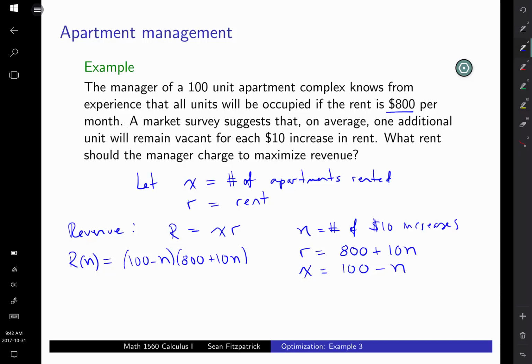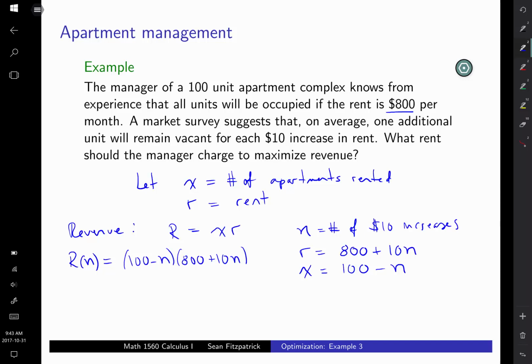Assume that N could be a continuous variable, and so maybe you could consider half an increase, so they only add $5 to the rent, or a tenth of an increase, they add $1. You could get down into the pennies. So we could consider fractional values for N, and from there it's not too big of a leap to consider that N could be a real number, and that'll allow us to do calculus, right?